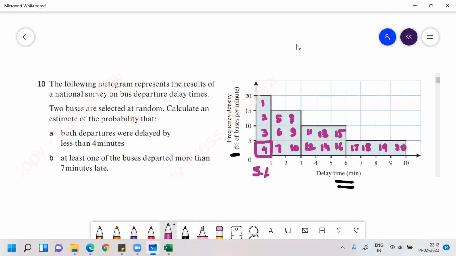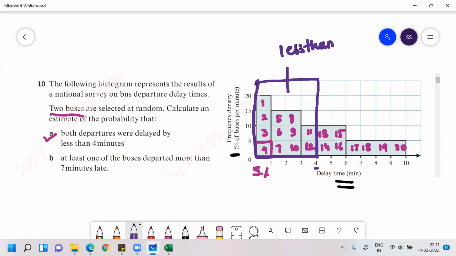In this question they're talking about two buses. In the first part, we need to find the probability that both buses get delayed by less than 4 minutes. You can see that 12 rectangles come under the data less than 4 minutes.